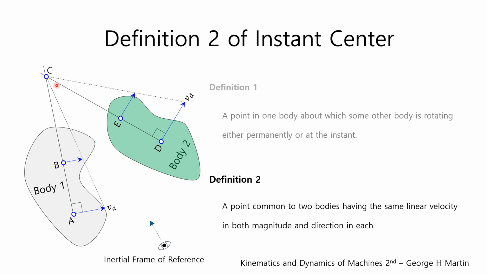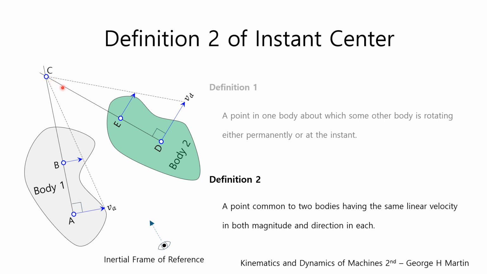At any given moment, there is a pair of points that coincide with each other, as shown in the figure, such that the point where the lines drawn perpendicular to the velocity from points A and B of body 1 intersect, and the point where the lines drawn perpendicular to the velocity from points D and E of body 2 intersect are point C. From the observer's perspective, at one moment, point C, a point on body 1 and body 2, appears to coincide in the same position in the plane and move at the same velocity.